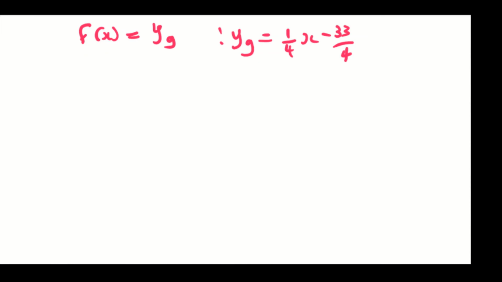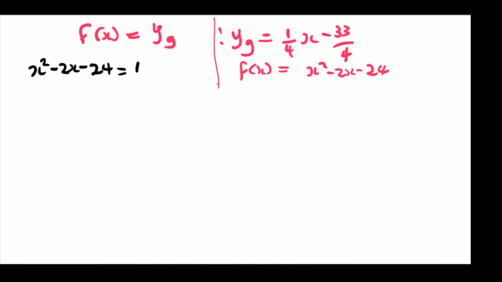Cool. So having that, and we know the graph of f, right? f of x equals x squared minus 2x minus 24. So we're just going to equate both here. So meaning that the graph of f, x squared minus 2x minus 24, is equal to the graph of g, 1 over 4x minus 33 over 4.